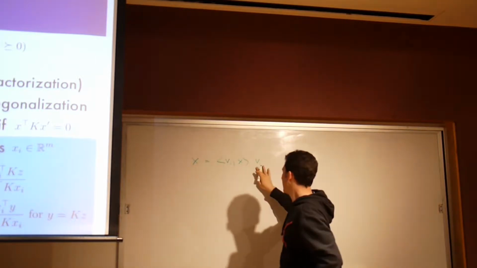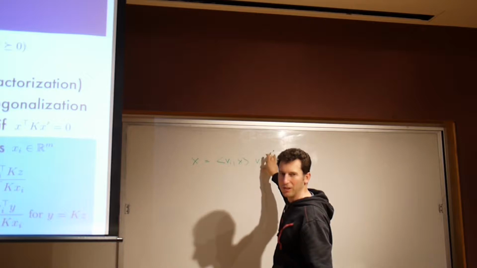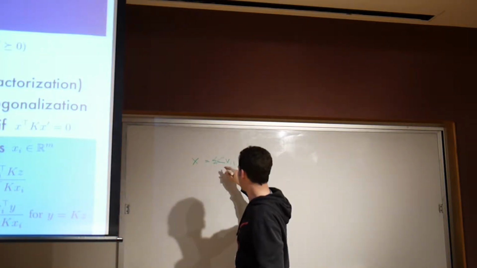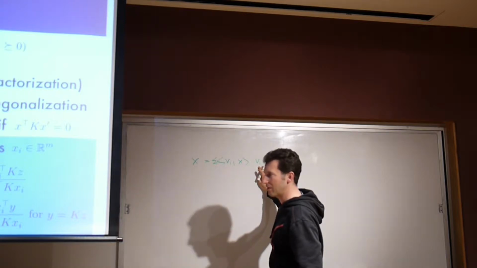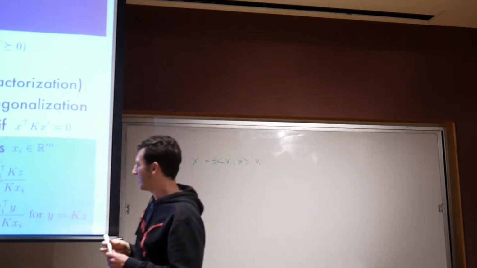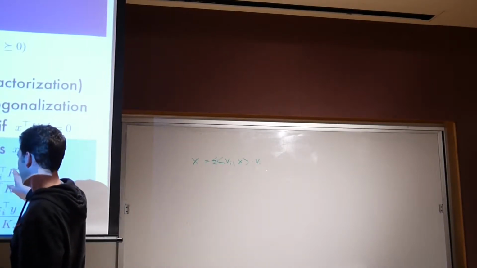That works as long as these v_i's are all orthogonal to each other and have unit length. Then I can just sum over all the i's and reconstruct things. Here, those v_i's aren't orthogonal anymore, but they're K-orthogonal.